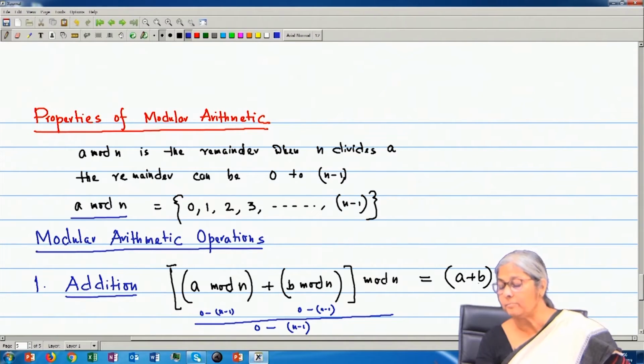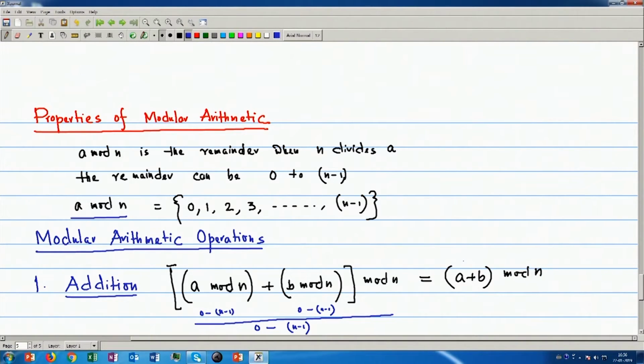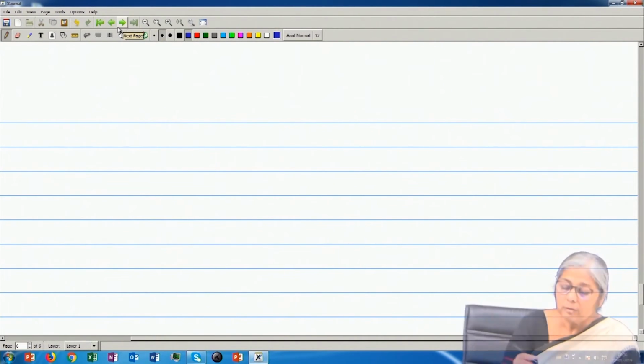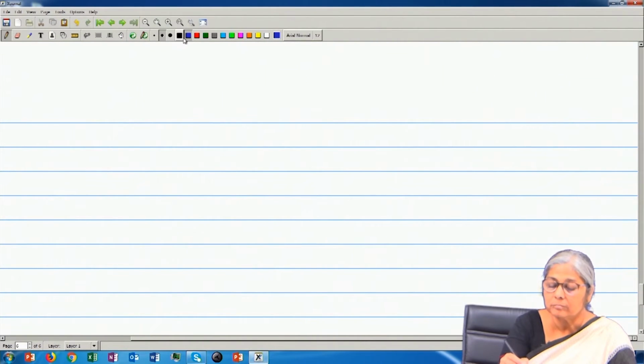Similarly, whatever large number a plus b is, when I divide it by n, since a mod n is the remainder, it is again from 0 to n minus 1. So this is a modulo n plus b modulo n, and if I take modulo n, it will be a plus b modulo n. So, how can we prove it? We see the proof.